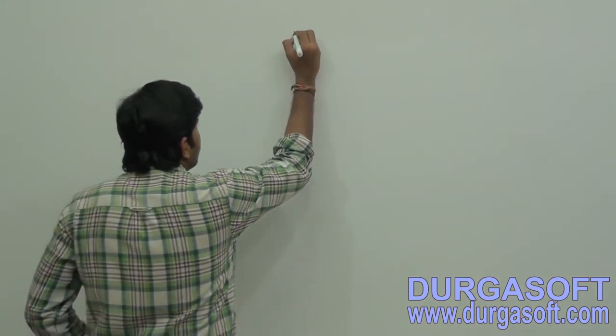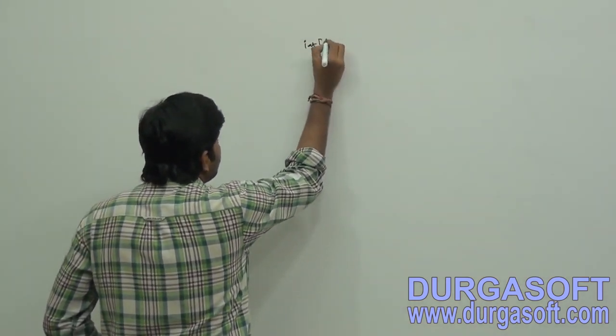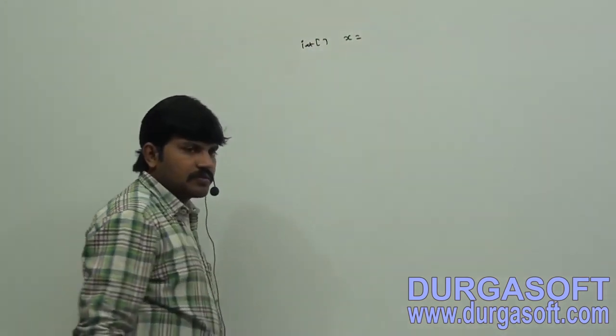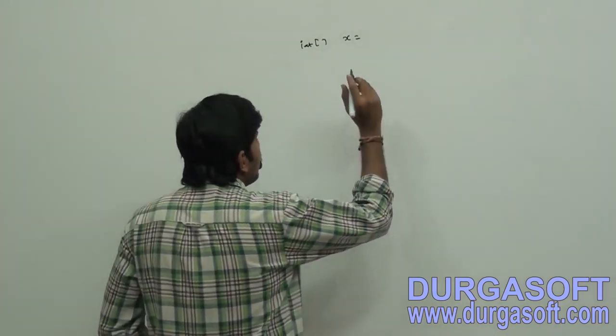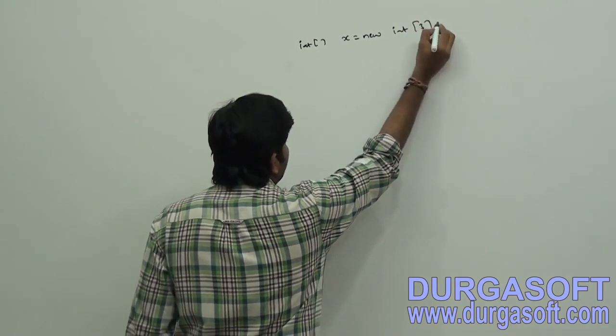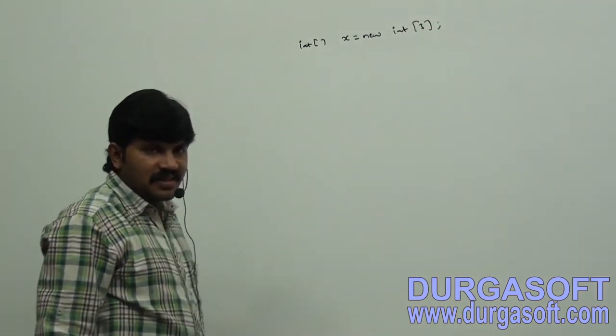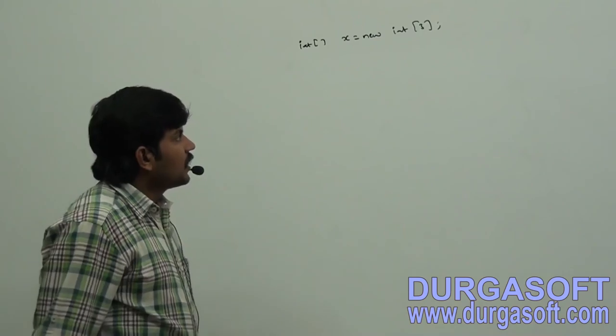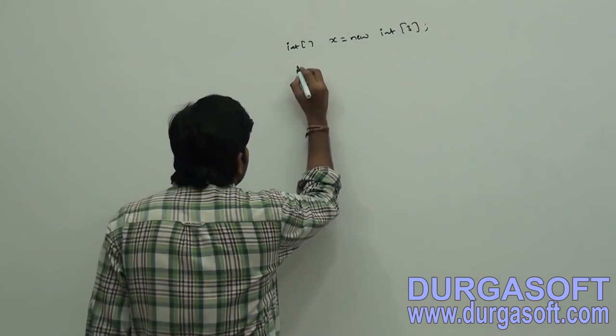Okay, what is the option, listen. Sir, I am taking int array x is equal to new int array of 3. Listen, this example conclusion is there. Int array x is equal to new int array of 3.